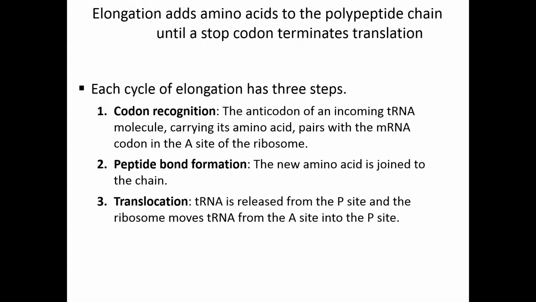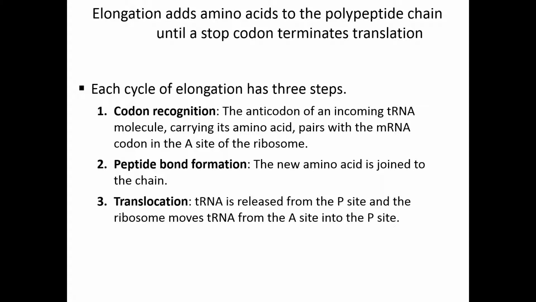In the elongation stage, you have this cycle of steps. You have the recognition of the codon by the anticodon on your incoming docking tRNA molecule that's charged. You have the formation of a peptide bond between a pre-existing amino acid, or a pre-existing polypeptide chain, attached to a tRNA molecule occupying the P site.